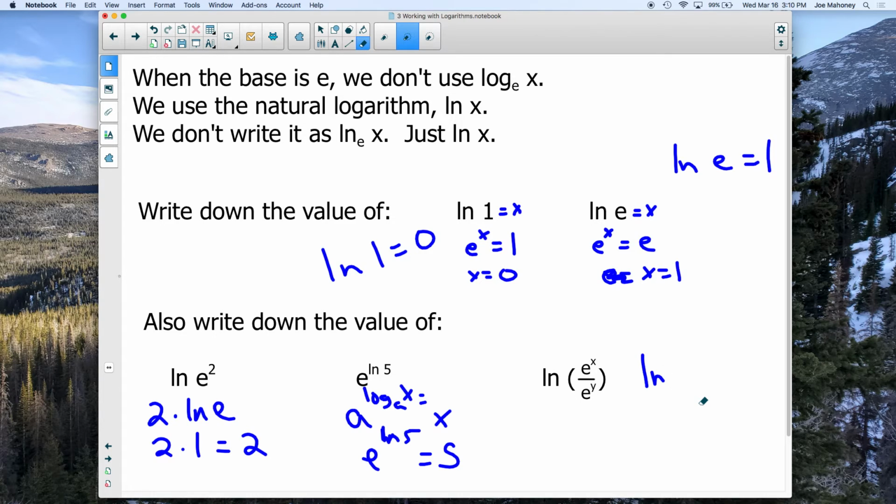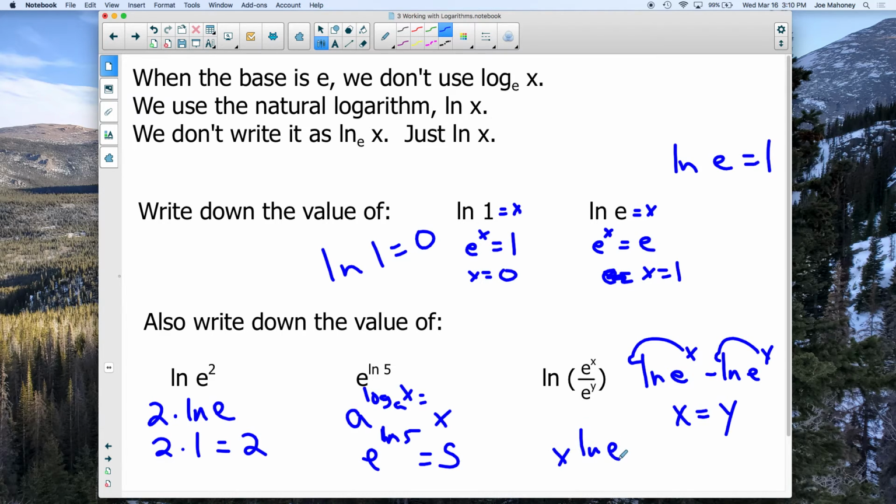Sorry about that. So it's the natural log of e to the x minus the natural log of e to the y, and that's just going to be x minus y. You want to use your little power rule and bring those down first and get x times the natural log of e, which is 1, minus y times the natural log of e. Maybe we can do that.